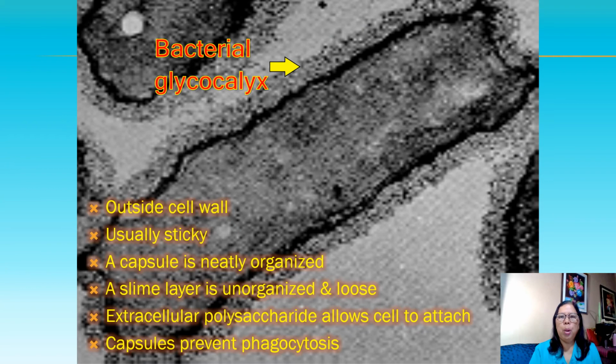For a closer view, here is a bacterial glycocalyx with a slimy nature. They are usually sticky. They are neatly organized, meaning it is not scattered here, but follows one direction to maintain the shape of the bacteria.